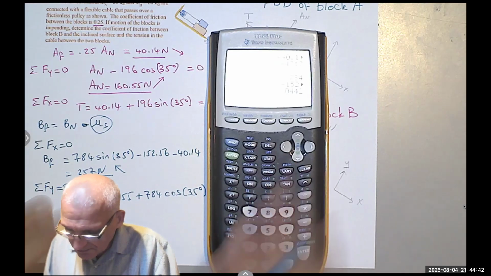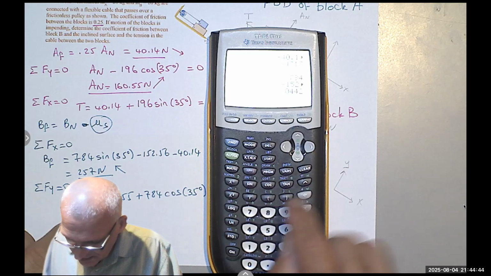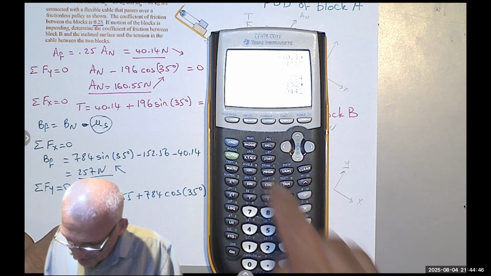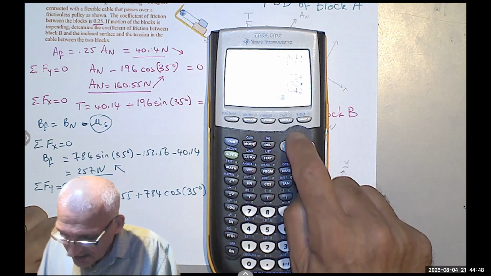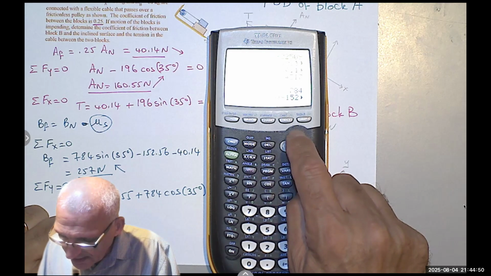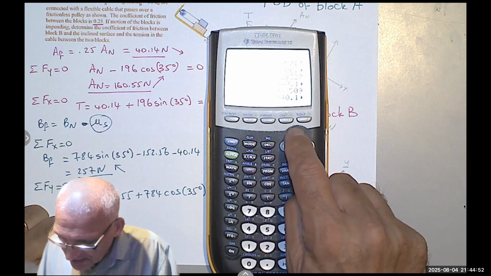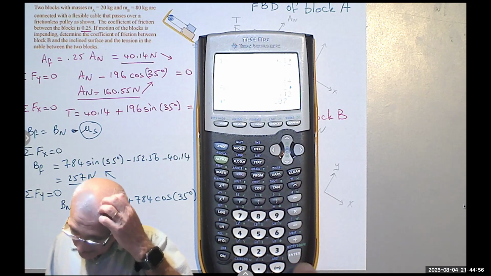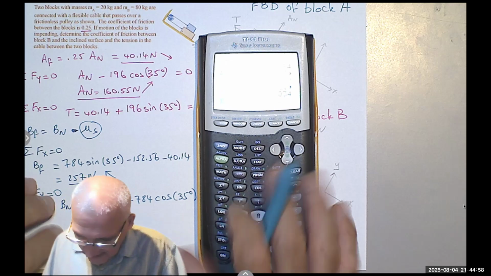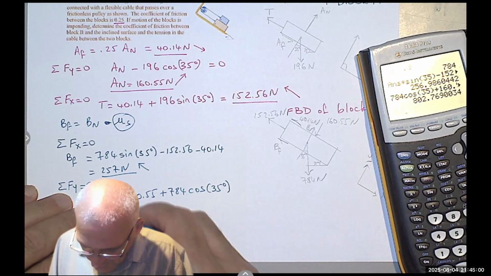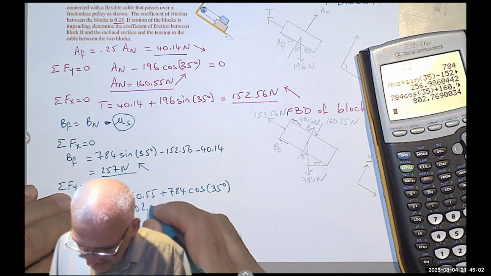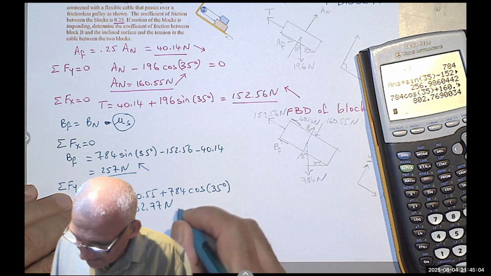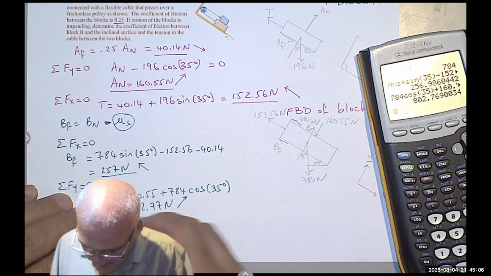So 784 cosine 35 plus, and then I go back all the way until I find the 160. Here it is, which is the tension. I get 802.77 Newton in that direction.